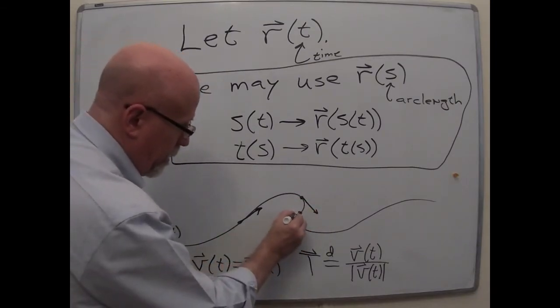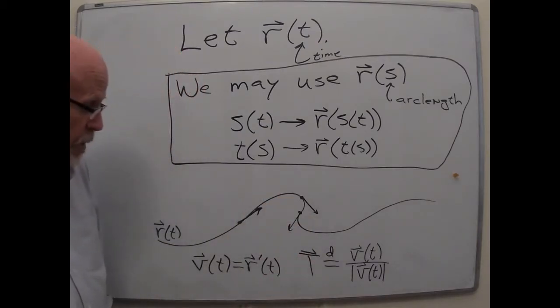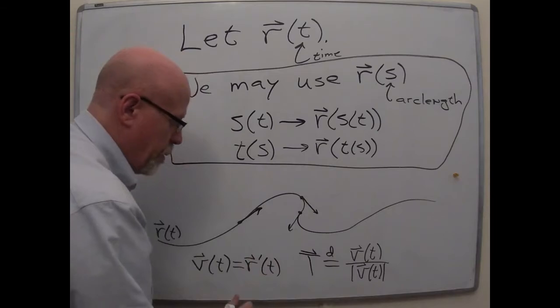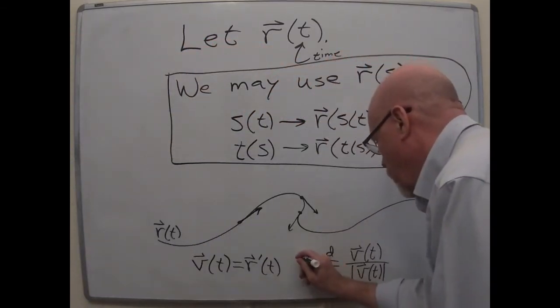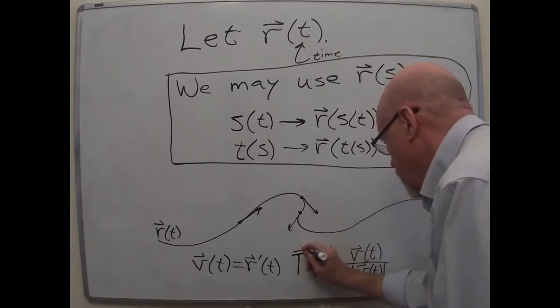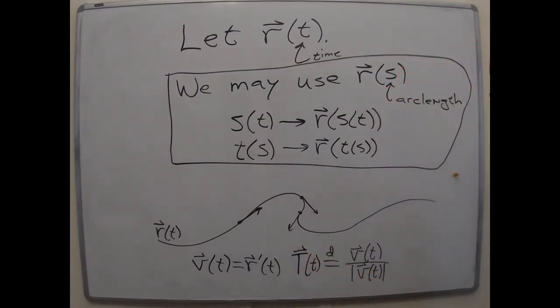And here, I'd have one that was pointing that way. They're changing with time. So I hate to erase, but let's do that. Let's call it T of t. That is big T, the tangent vector, a function of little t, the time. But this is how we define it. Okay.